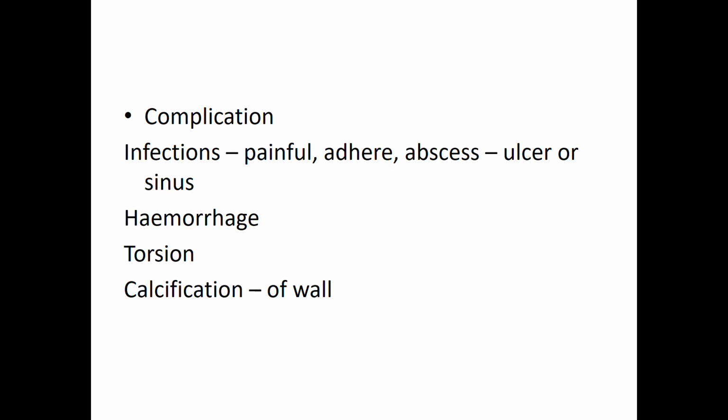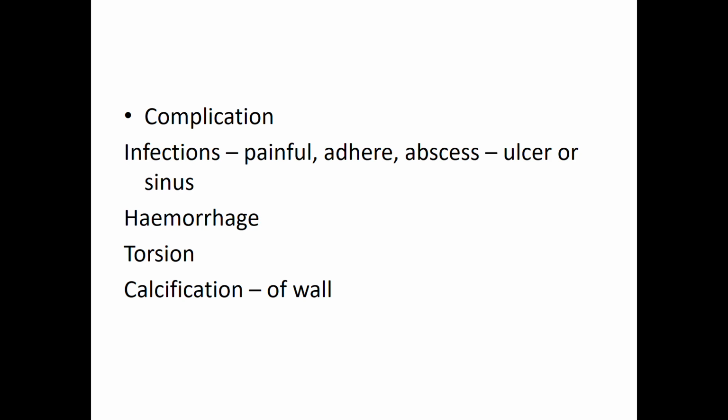Next, the complications. One of the most common complications is infection. Usually cysts are painless, but if one gets infected, it starts developing pain, and slowly this can form an abscess, which can break and form an ulcer or a discharging sinus. Next is hemorrhage.